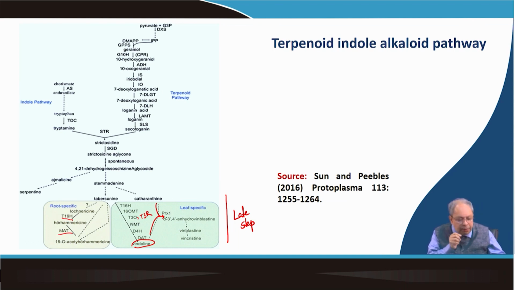Another important point is that strictosidine aglycone makes dehydrogeissoschizine, which is an important compound. From there stemmadenine is formed, and then from stemmadenine to tabersonine. As I showed in one of the previous classes, there was a missing step between stemmadenine and tabersonine, which I have also mentioned.